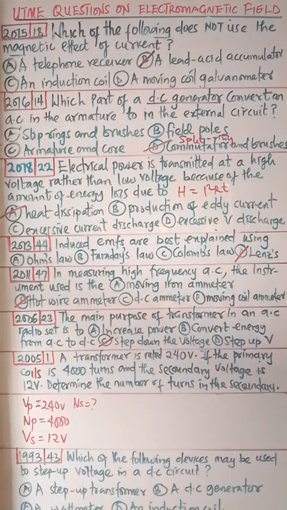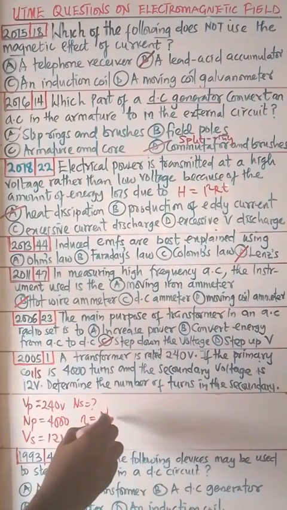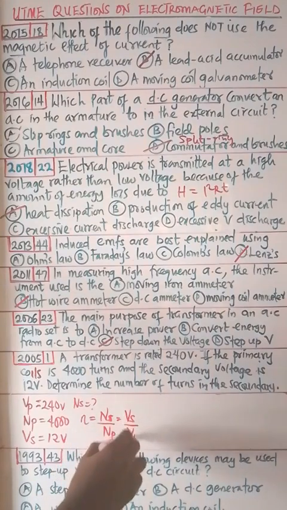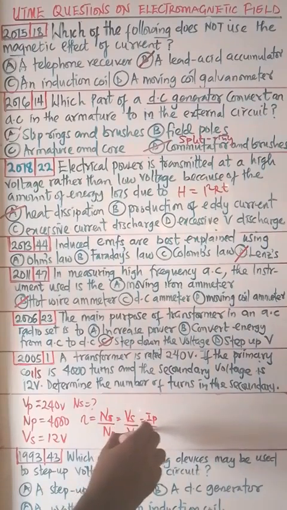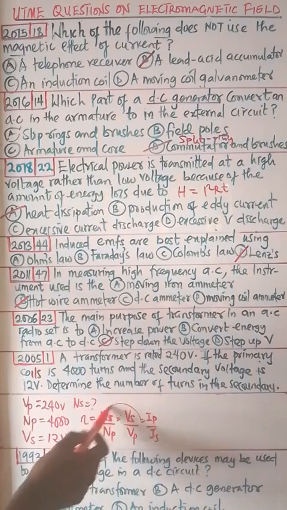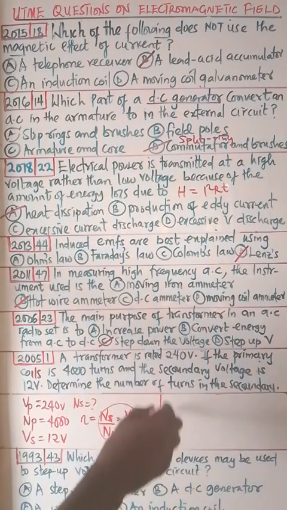Recall during the course of the lecture, we said the turn ratio is the number of coils in the secondary to the number of coils in the primary, the same thing as the voltage in the secondary to the voltage in the primary, or the current in the primary to the current in the secondary. In this case, we have nothing to do with current, so we'll focus on this. Our aim is to look for NS. From here, you make NS the subject.